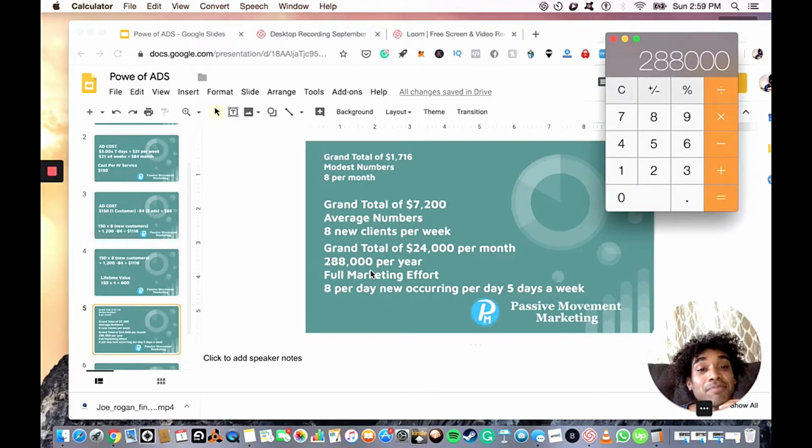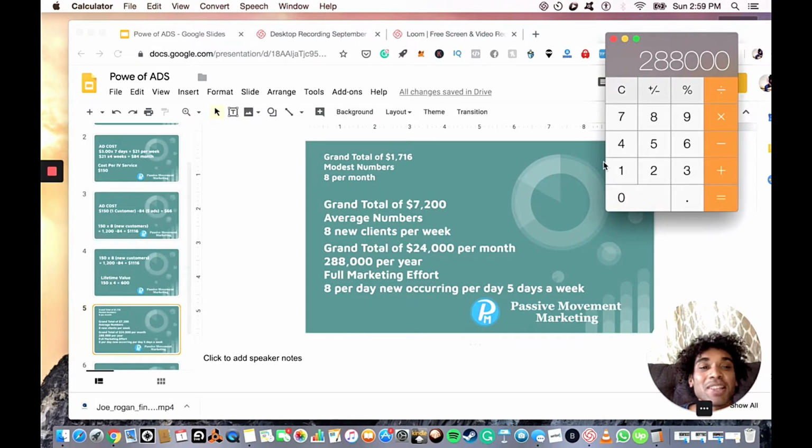That's a lot of money, and that's money you weren't bringing in because you weren't running ads. So who would want to leave that money on the table? And that's money that comes back from your spending. So even if you had to spend an extra $20,000, hell, if you had to spend $100,000, say you spend $100,000 on ads, but you still got $188,000 extra per year from the efforts you put out.